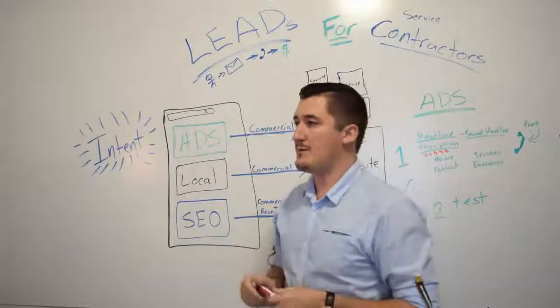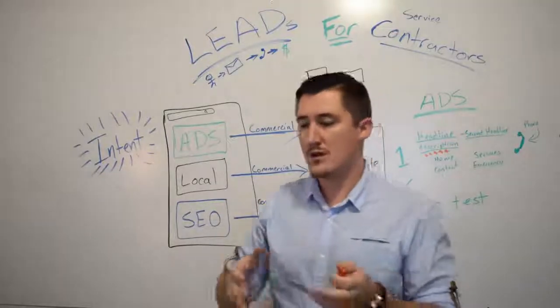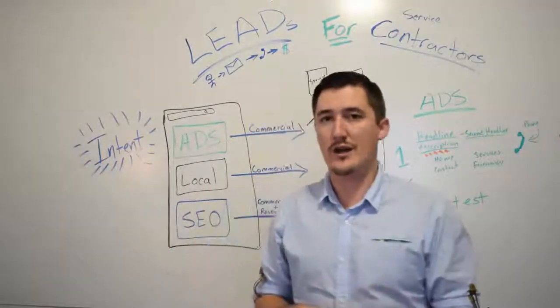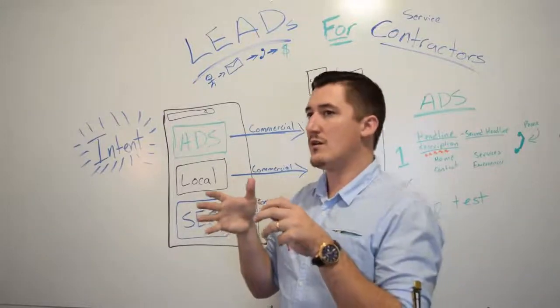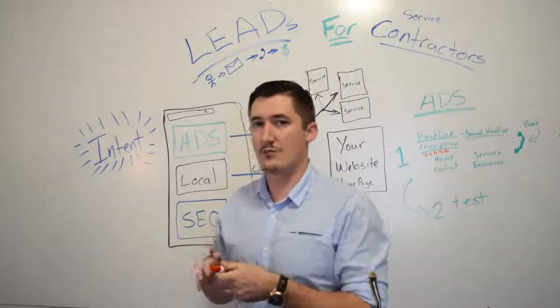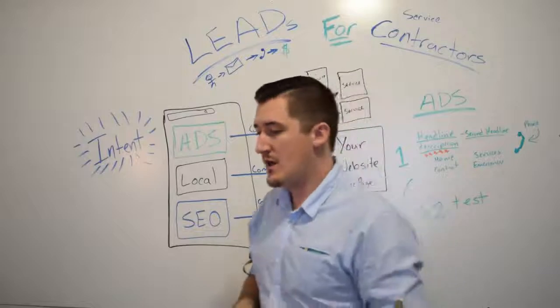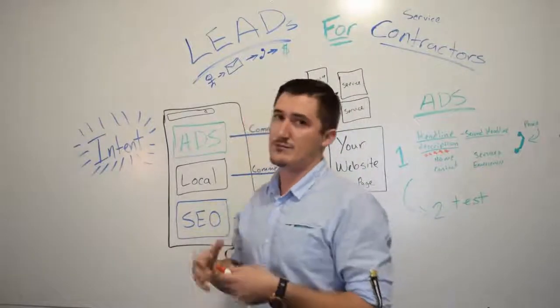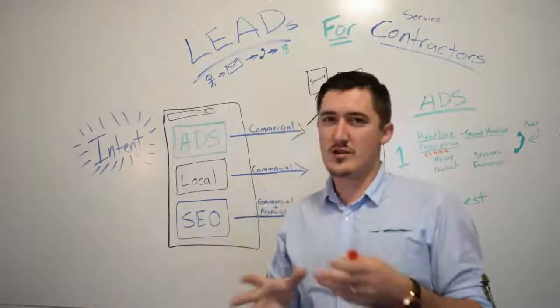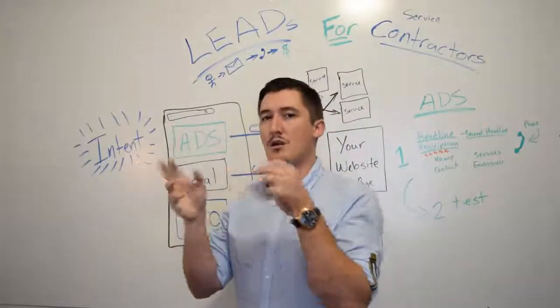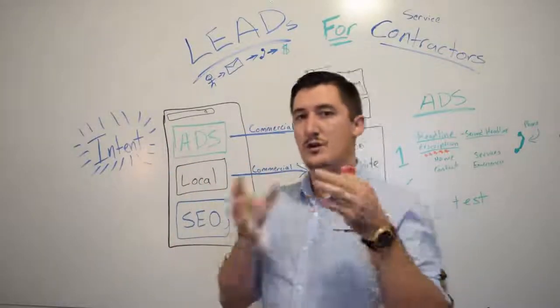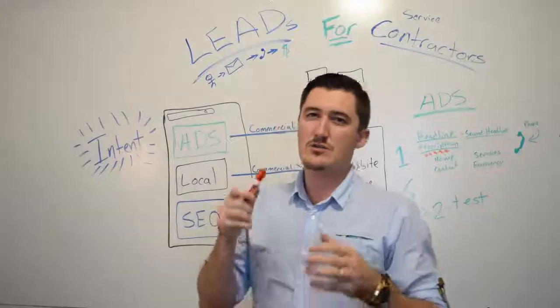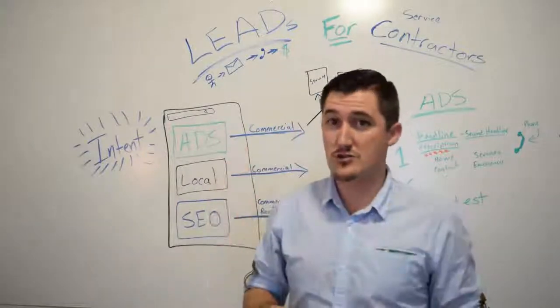Commercial intent would be plumber, Bend, Oregon, which is where we're located here. A non-commercial intent search in that same industry would be how to fix a leaky shower. That's a research thing. Although you need a plumber to do it, it's two very different search results.